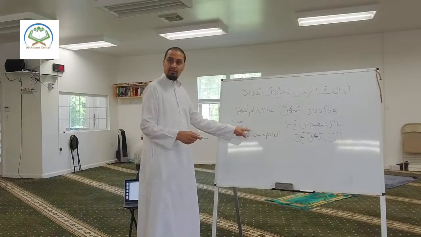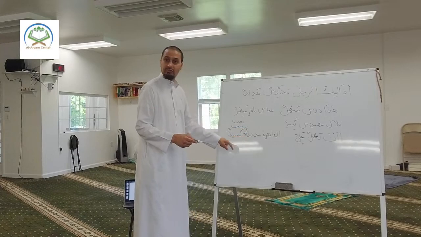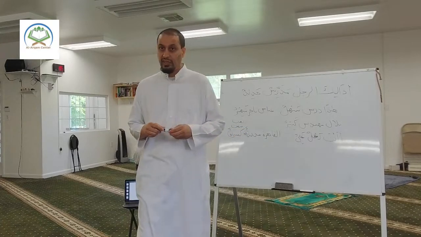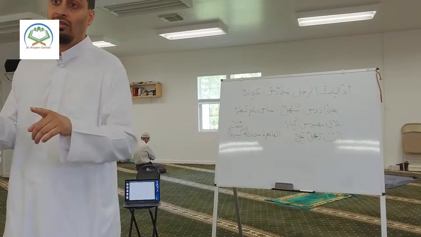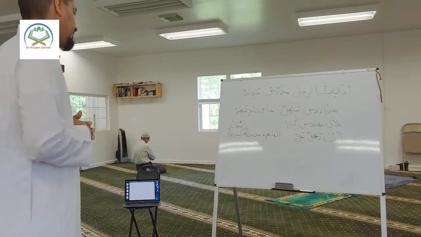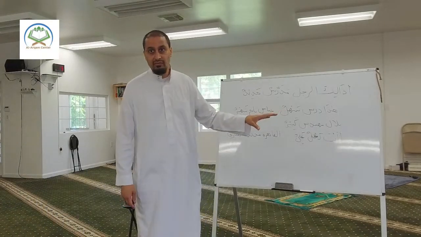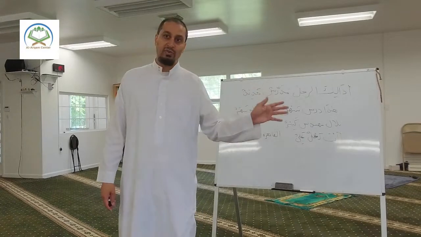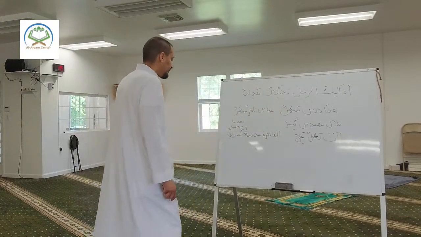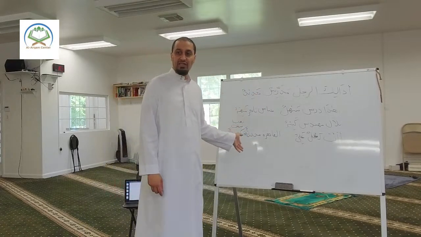I'rab, muannas, singular. So it has to match. Remember, the sifa has to match with the mawsuf in every way. If the mawsuf is mudhakkar, the sifa too will be mudhakkar. If the mawsuf is muannas, the sifa will be muannas. If the mawsuf is singular, the sifa will be singular.